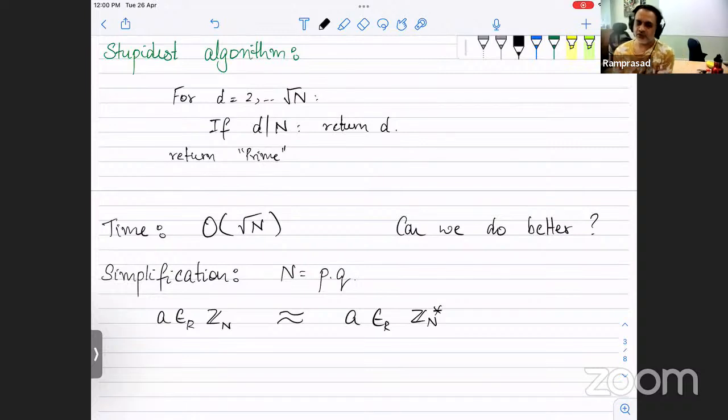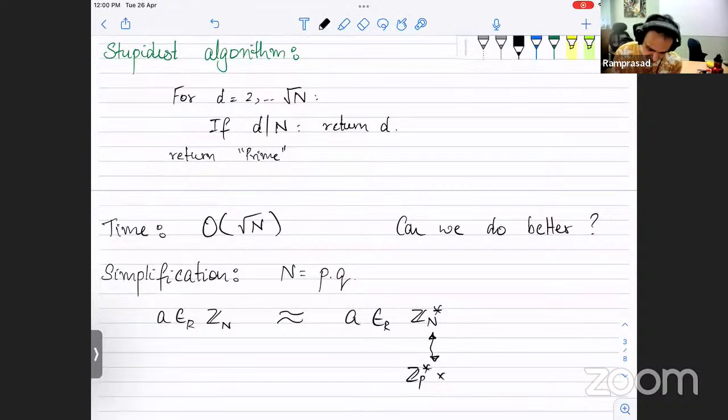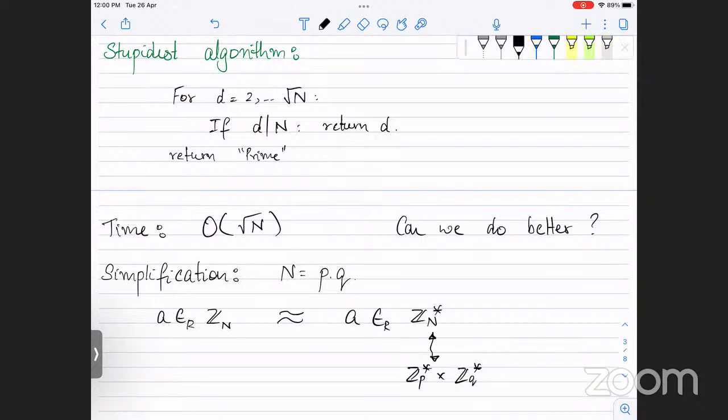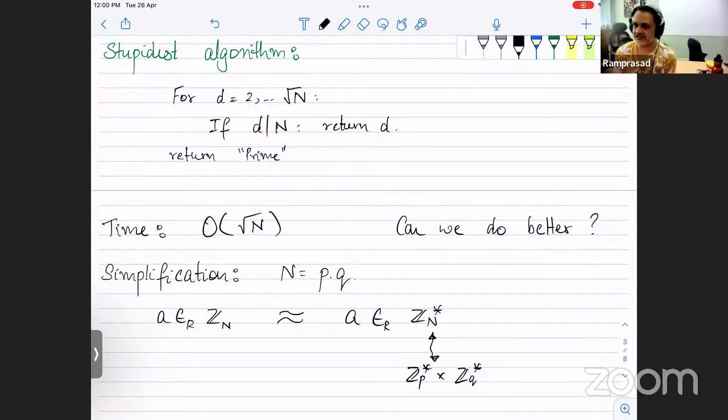Now, what do we know from the Chinese remainder theorem? We know that this space Zn star, or in general the space Zn, is actually Zp star direct product Zq star. So this is just the Chinese remainder theorem being used. Whatever A was chosen has a representative here, which looks like alpha comma beta.